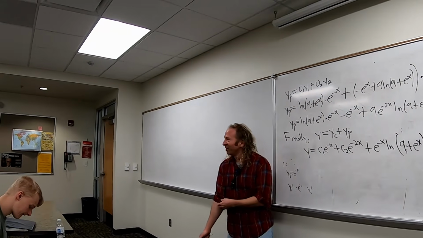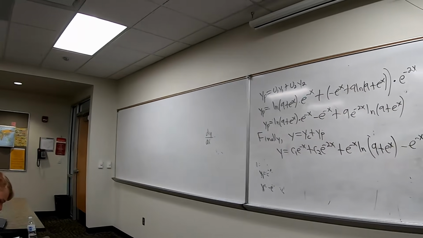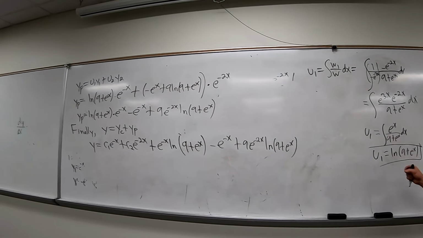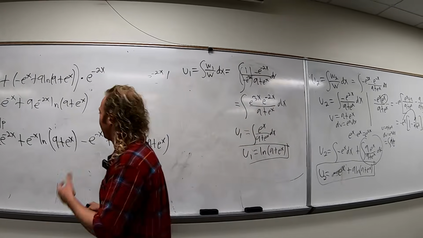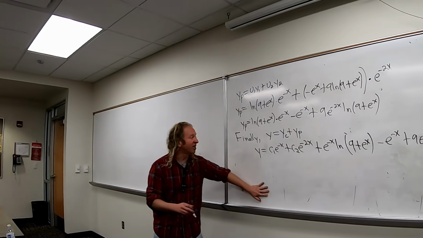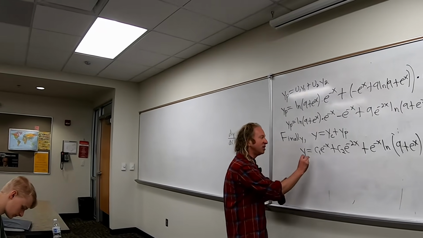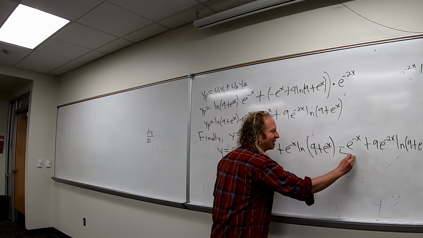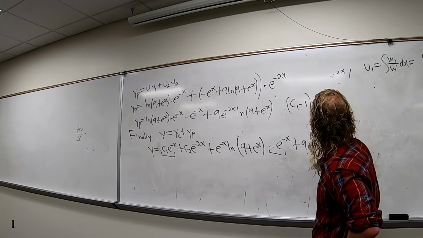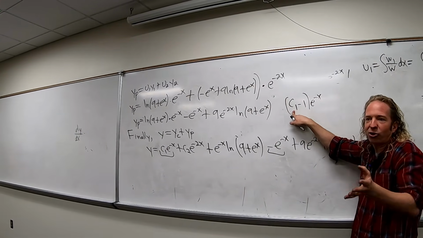Any questions? Like, no, we're not done. There's one more step. The problem will say simplify your answer as much as possible in bold. So I think there's a common term here, e to the negative x. In theory, you could take this one and this one, and write it like this: c1 minus 1 times e to the negative x. c1 is arbitrary. It could be any number.